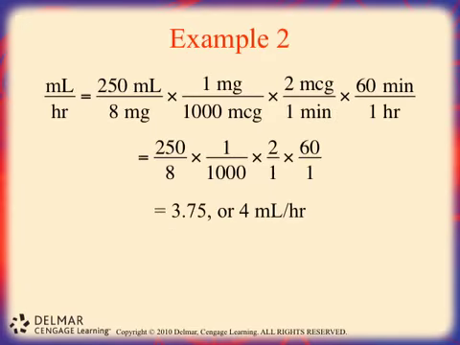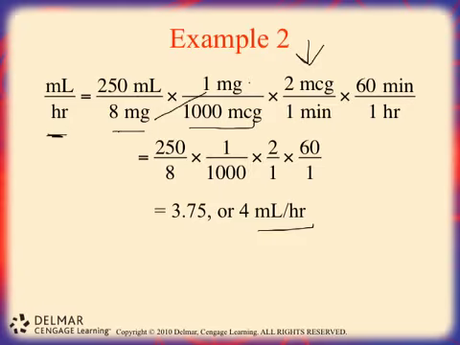So here you can see that we start off with our milliliters per hour because that's what we want to end up with. Here's our dosage strength, 8 milligrams in 250 milliliters. We're going to match up our denominator and our numerator. We know that 1 milligram is equal to 1,000 micrograms, and then we can put our ordered dosage, which is 2 micrograms per 1 minute, and then we're going to want to convert that.